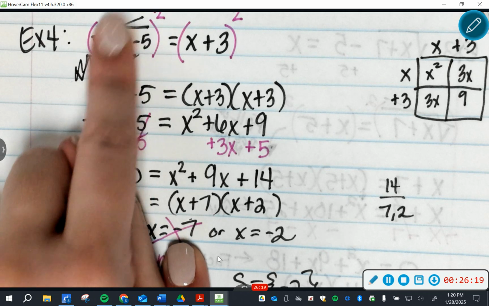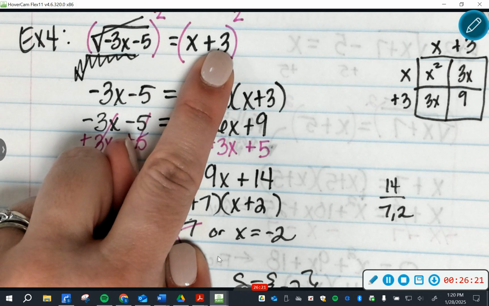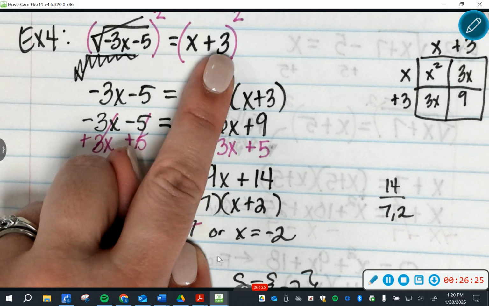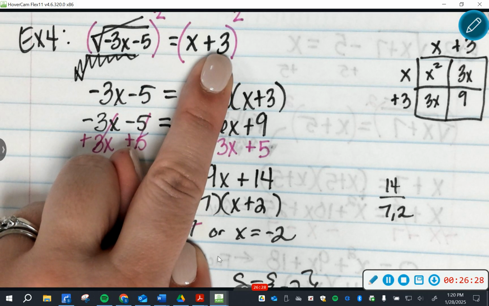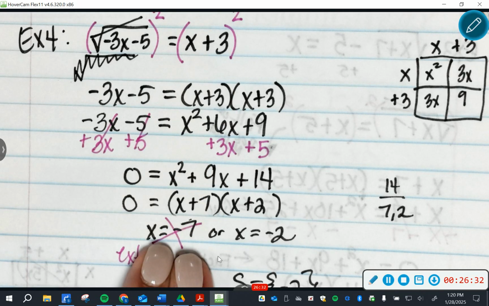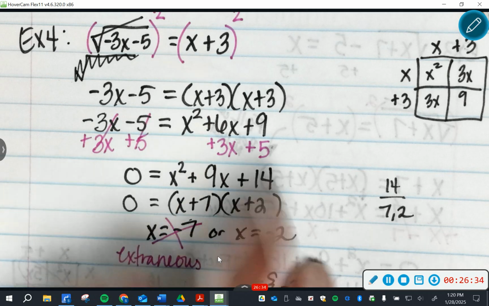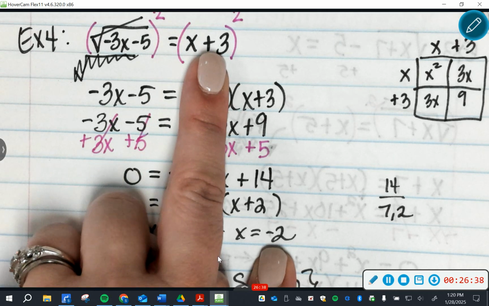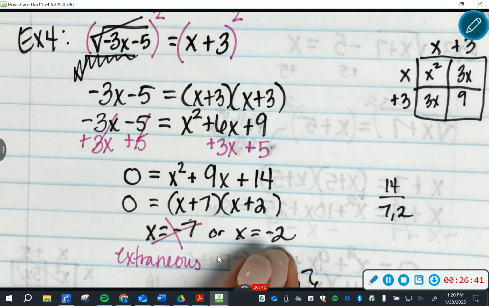I just know that it cannot equal something negative. So if x is negative 7, what's negative 7 plus 3? Negative 4, right? So that's not right, because that would make this equal a negative. Now if x is negative 2, what's negative 2 plus 3? Well, that's positive 1. So that one will work.